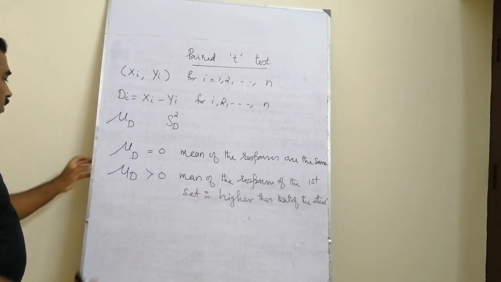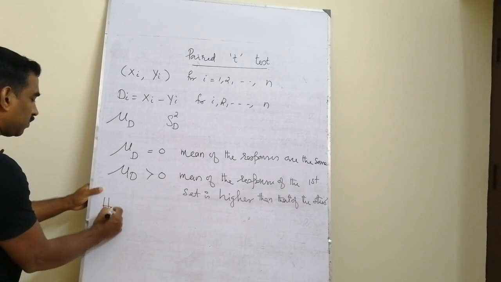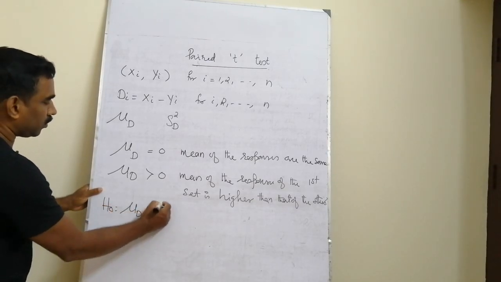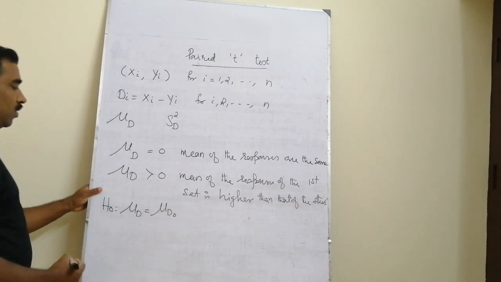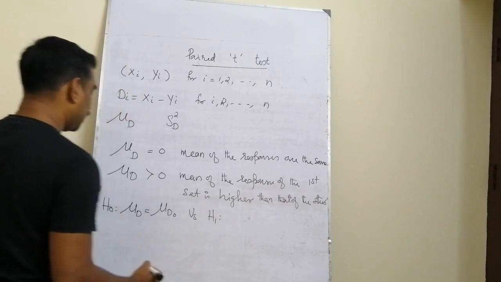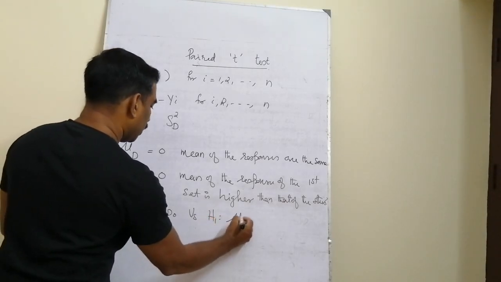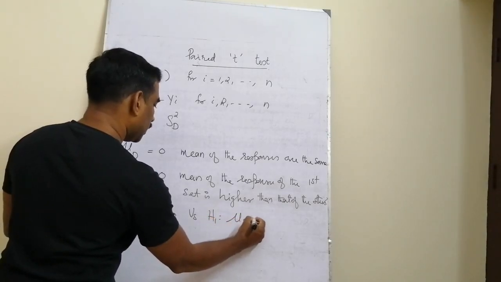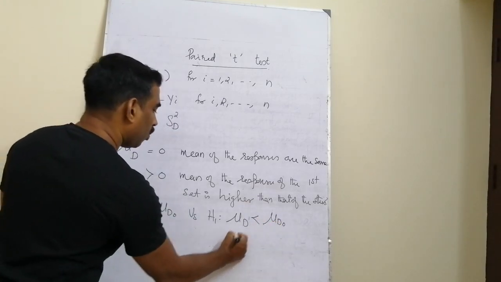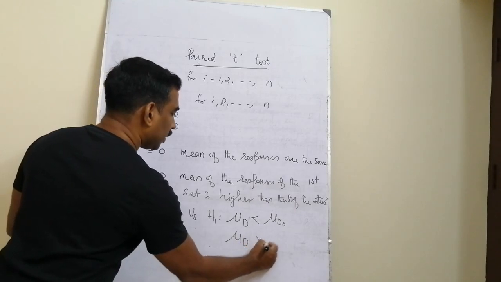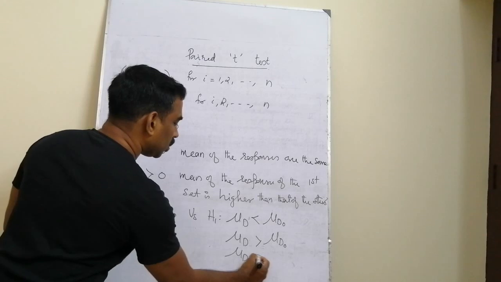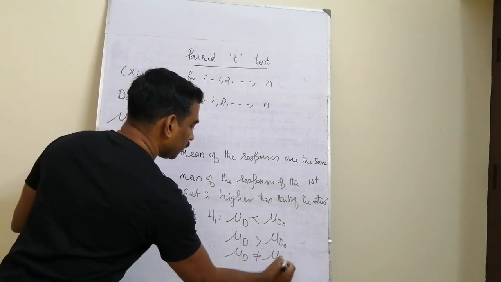In hypothesis testing, in order to test the hypothesis, for example, H naught: mu d is equal to some specific value mu d0, we will consider the alternate hypothesis in the same pattern as before, that is, mu d less than mu d0, or mu d greater than mu d0, or mu d not equal to mu d0.